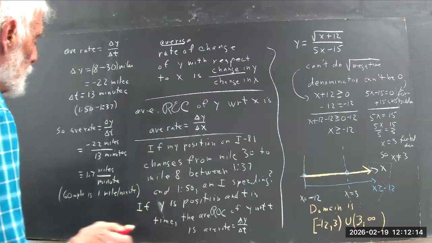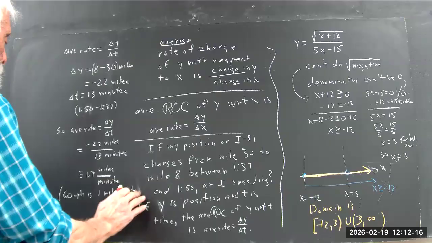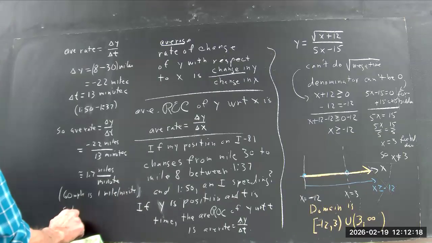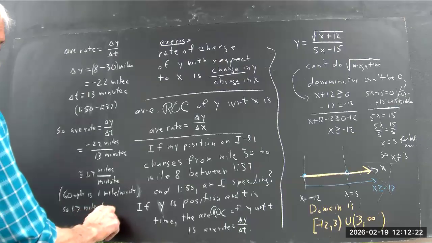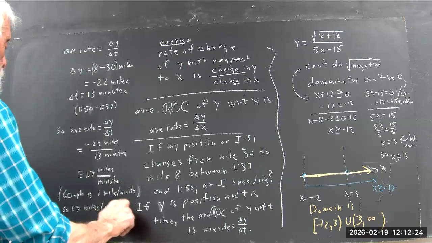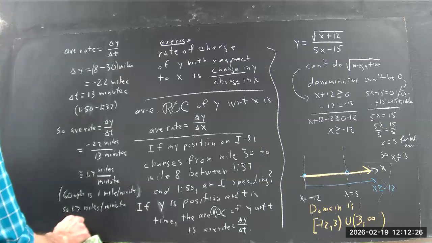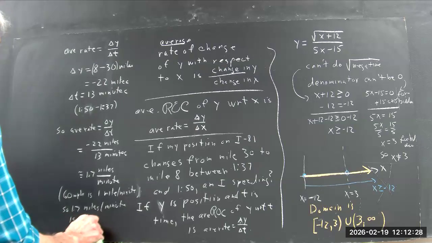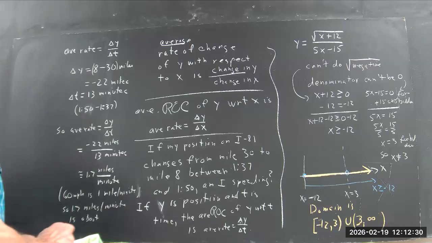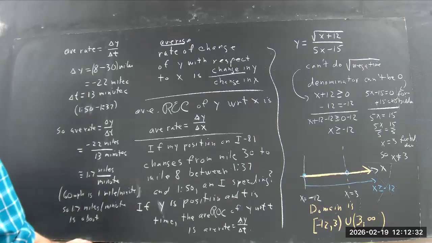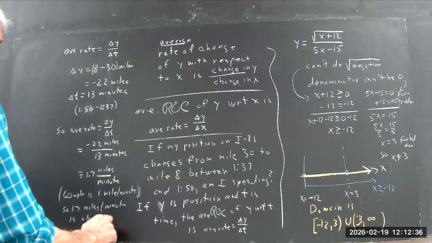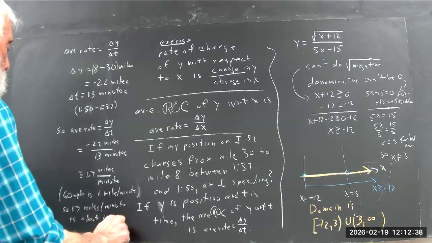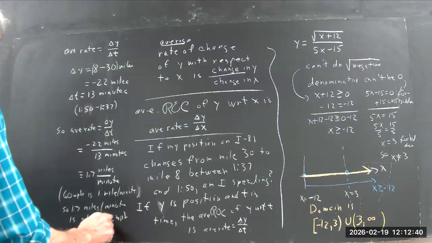60 miles per hour is 1 mile per minute. So 1.7 miles per minute would be about 102 miles per hour.